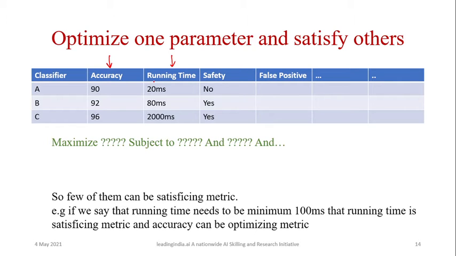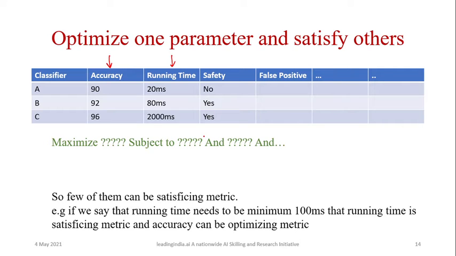In the healthcare domain, suppose I have a model that has 99% accuracy, but the time to run this model and get the result out is close to 2 minutes. In the other hand, I have another model with 92% accuracy, but it is very fast, maybe 20 milliseconds to complete the task.